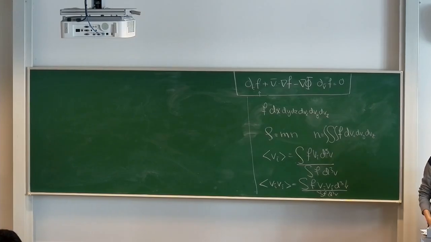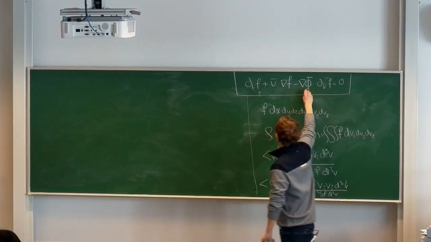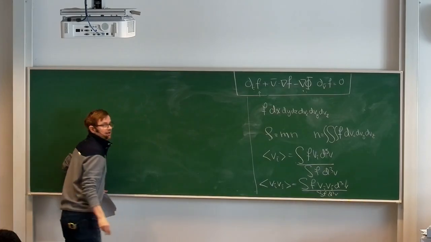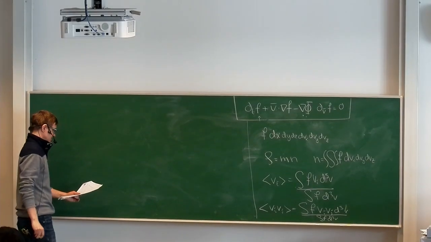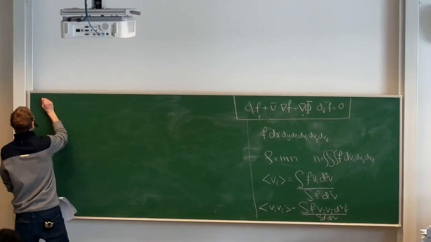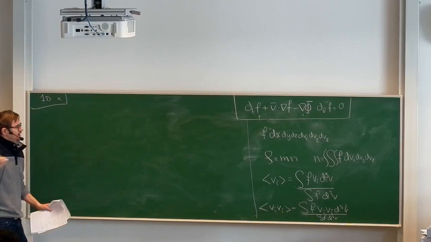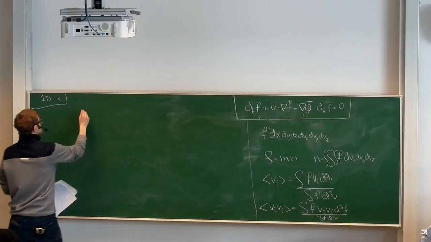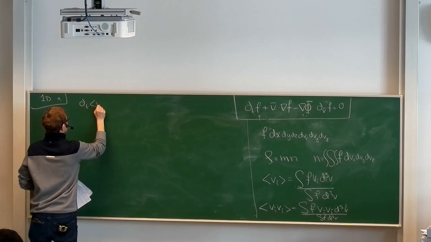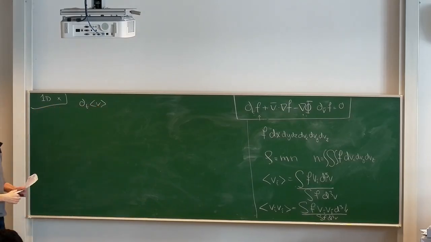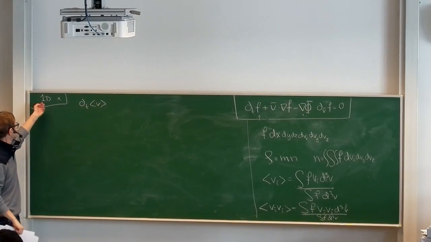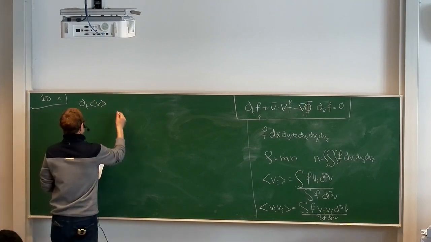So if you now take the first moment of the collisionless Boltzmann equation, I'm just going to do it in 1D along x, because it simplifies the notation. I identify the mean velocity with vx, because I take it in 1D.